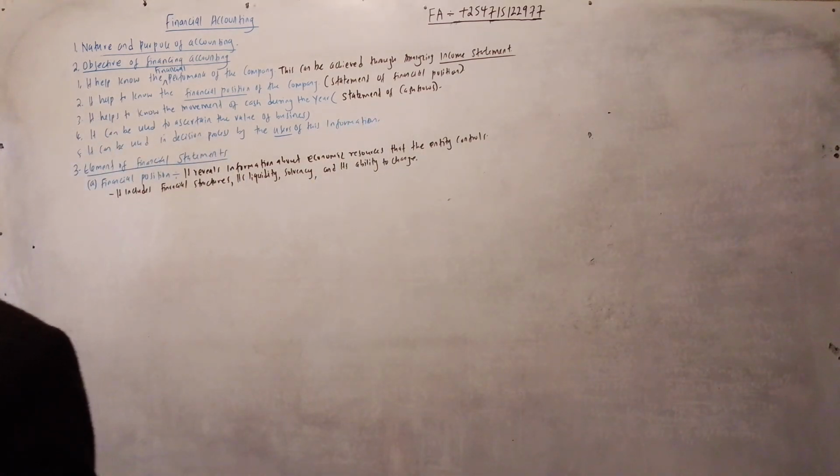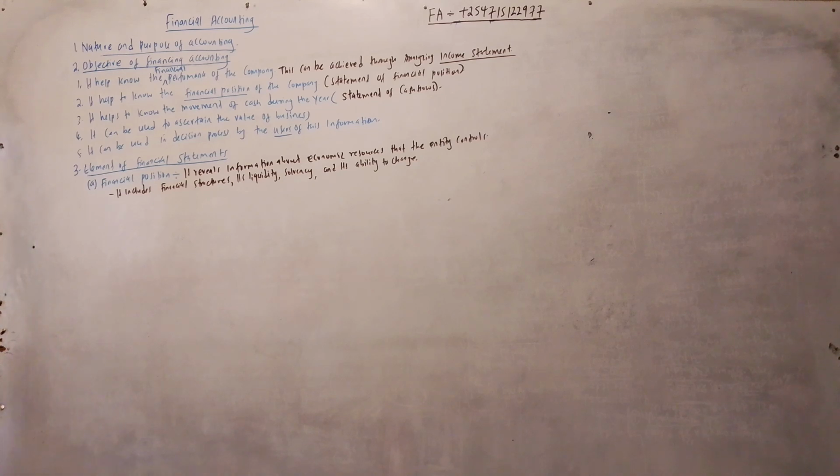So when we talk about the financial position, we are talking about the information about the economic resources that the entity controls. Now, those information is, for example, assets, the equity component, and so on. Those are the financial position.